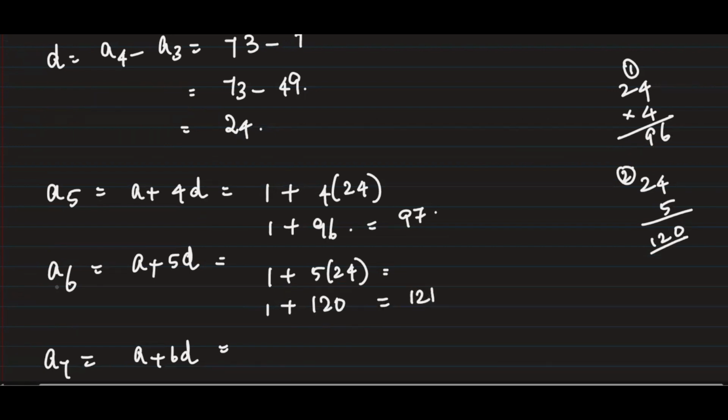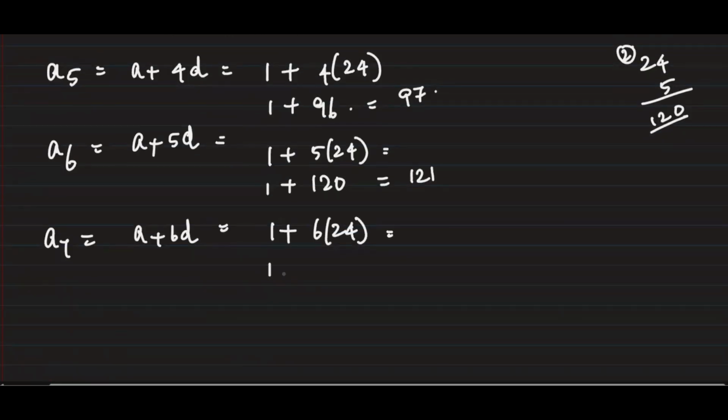So the value of A6, that is the sixth term, is 121. So the last one now, that is A plus 6D. So 1 plus 24 times 6. So 24 again, 6 4s are 24, then 12, 13, 14. So 1 plus 144, the value is equal to 145.